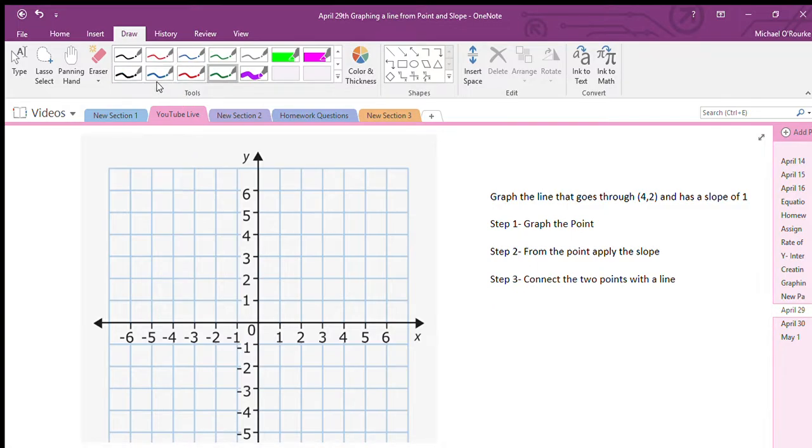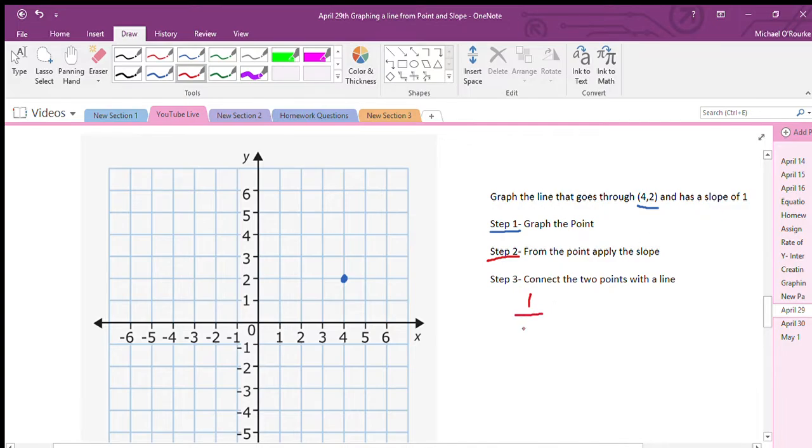So if you haven't got it done right now, pause it. If you have, let's see how you did. Let's first graph the point, 4, 2. So we're going in 4, up 2. So here's our first point. Then our second part is apply the slope from the point.